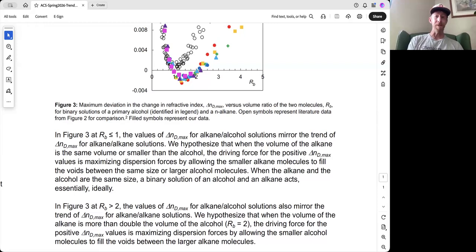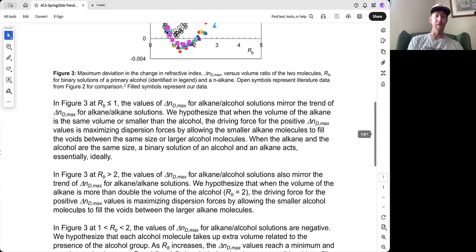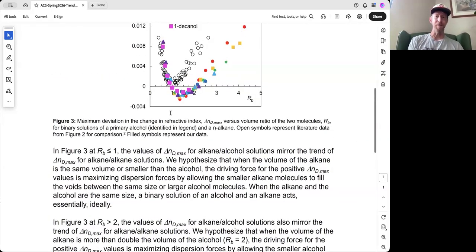When RB is equal to 2 or greater, the driving force for the positive delta ND max values is maximizing dispersion forces by allowing the smaller alcohol molecules, now the alcohol is smaller, to fill the voids between the larger alkane molecules. And then the next paragraph deals with this negative portion down here.